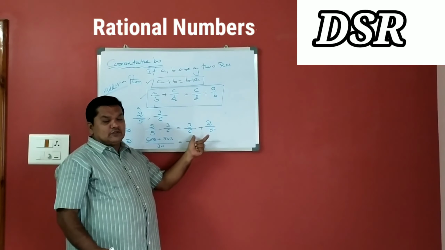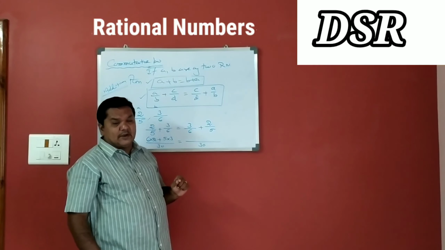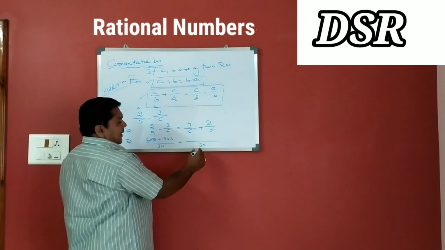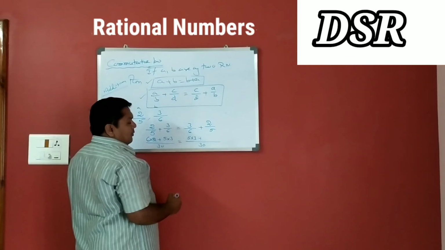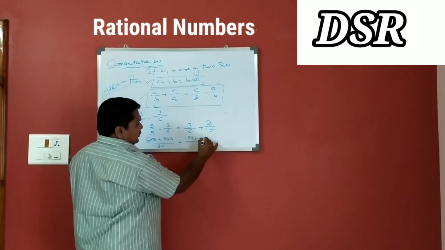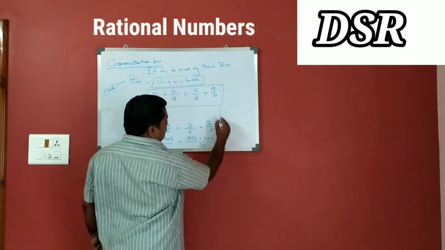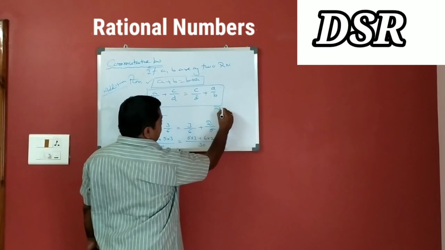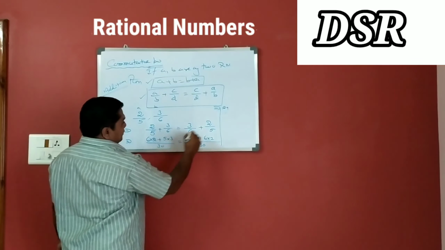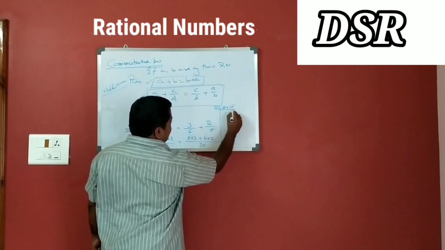In this type, you can multiply the denominators. 6, in 30 how many times? 5 times. 5 into 3, plus 5, how many times in 30? 6, 6 into 2. That implies 6 twos are 12 plus 5 threes are 15, by 30.